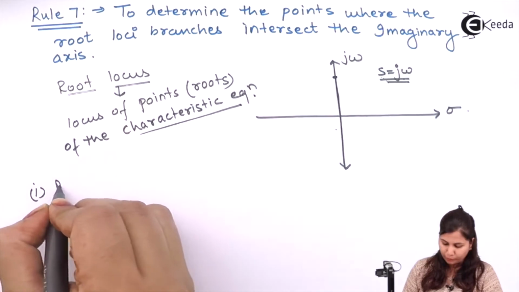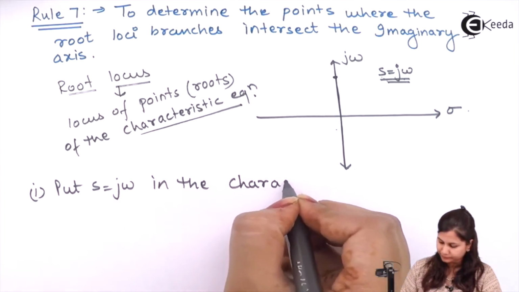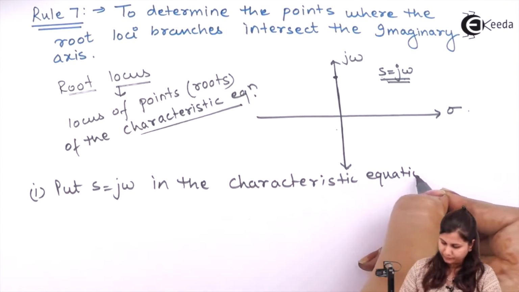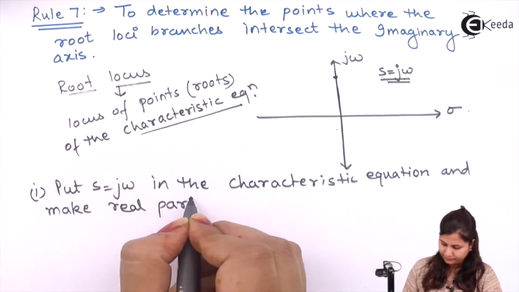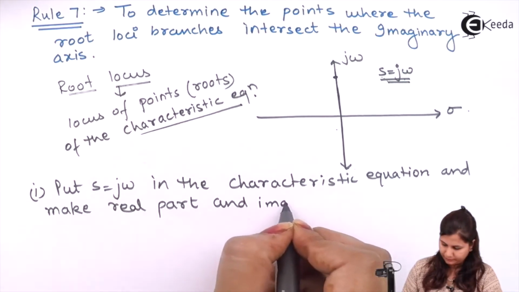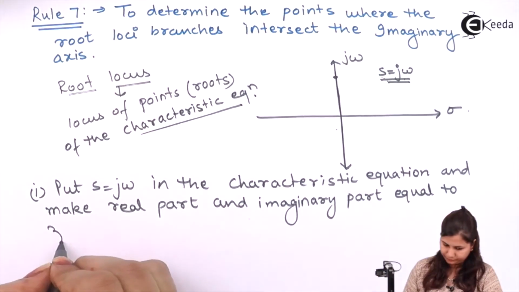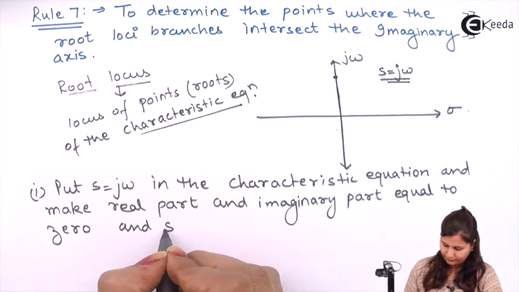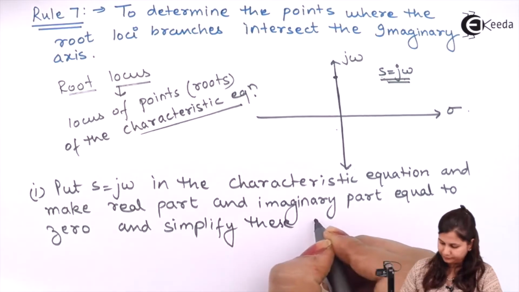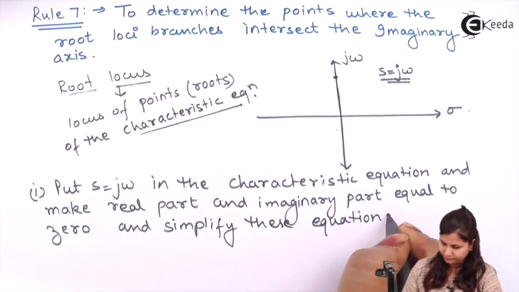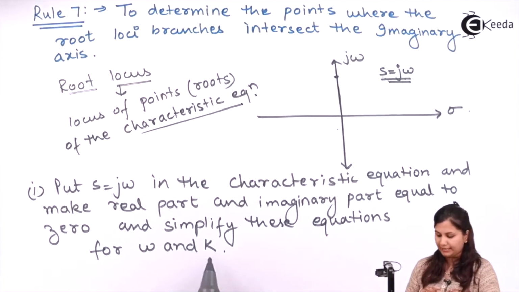The first method is to put s equals j omega in the characteristic equation, make the real part and imaginary part equal to 0, and simplify these equations for omega and k. Omega is the frequency and k is the gain.